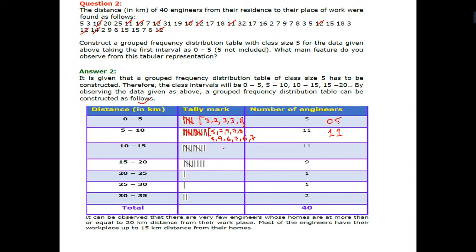So 11 time I have cross. So 1, 2, 3, 4, 5, 1, 2, 3, 4, 5 and then 1. So 11. So that way you go through all the sums.